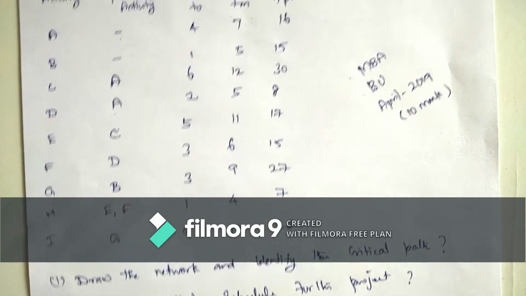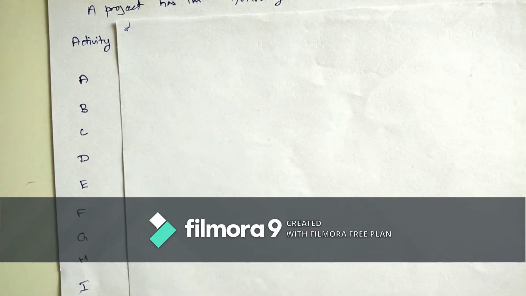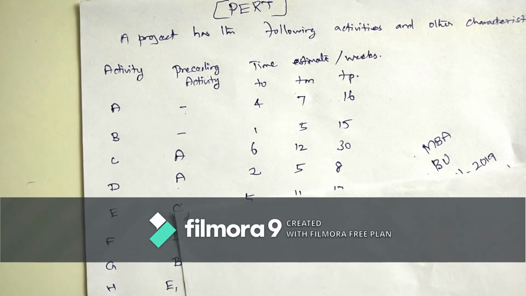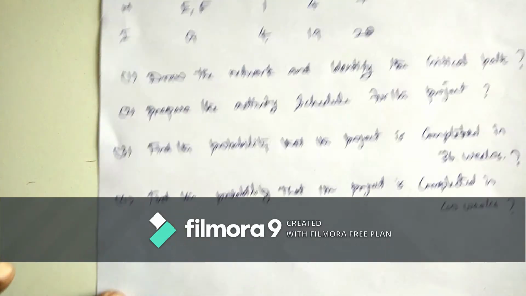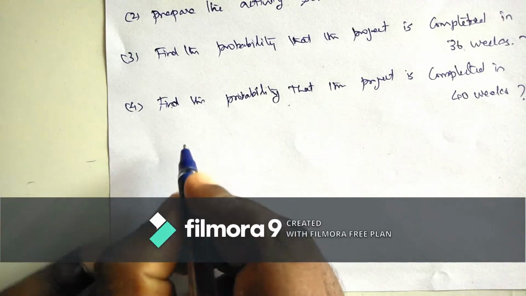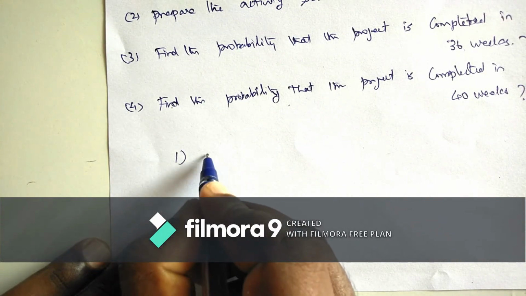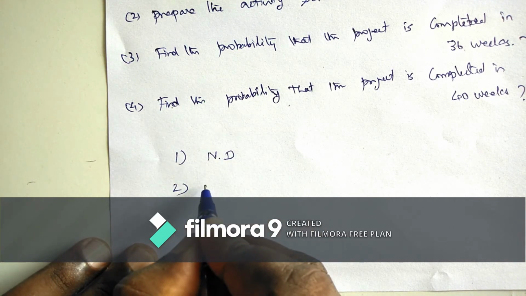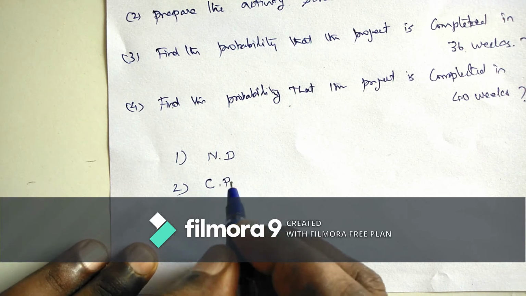So first of all we have to draw the network diagram. Step number 1, draw the network diagram. Step number 2, find the critical path.